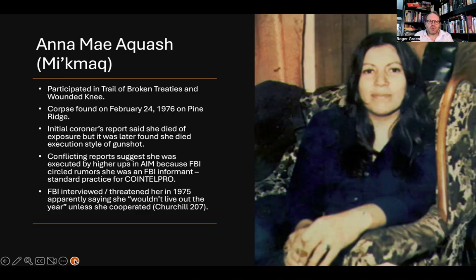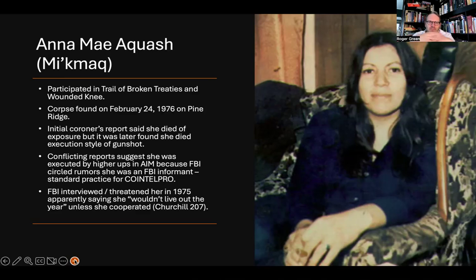The initial coroner's report said that she died of exposure, but it was later found that she died of execution-style gunshot. Conflicting reports suggest that Aquash was executed, that there had been an order by higher-ups in the American Indian Movement, because the FBI circulated rumors as part of their COINTELPRO program that she was an informant.